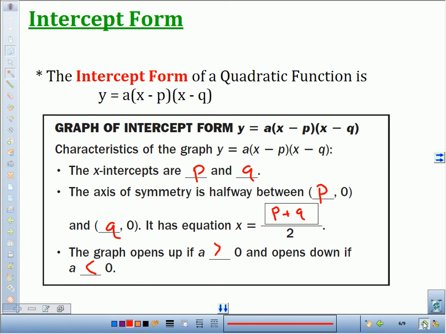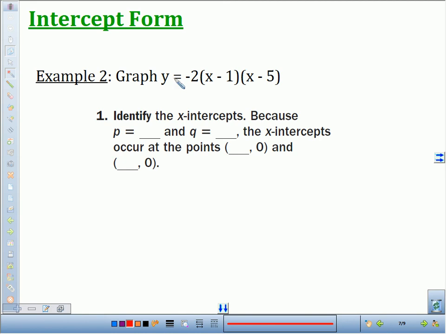Okay, let's look at how this works. I want to graph y equals negative 2 times (x minus 1) times (x minus 5). First step, I want to identify the x-intercepts. p is 1. p is 1 because it was x minus 1, but we have to change the sign to make positive 1. q is 5 because just like p, we have to change the sign from negative 5 to positive 5.